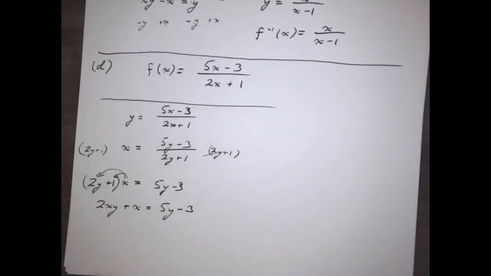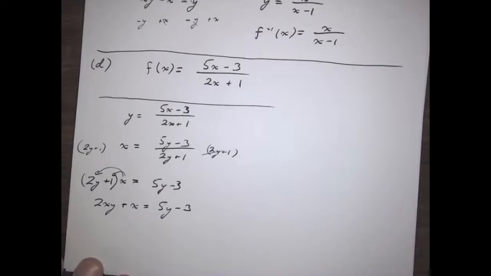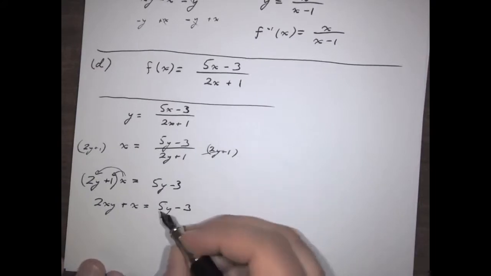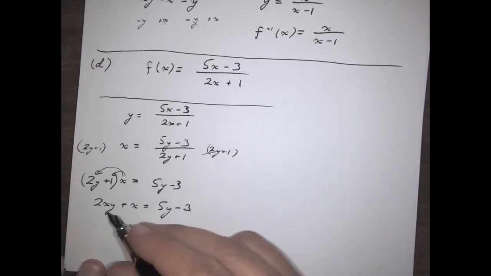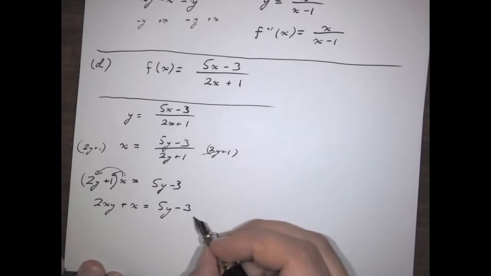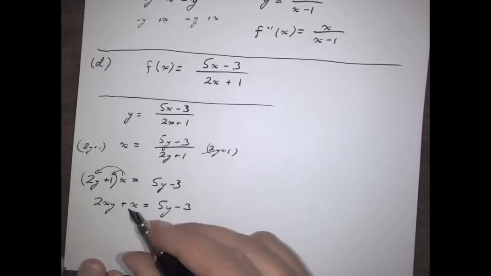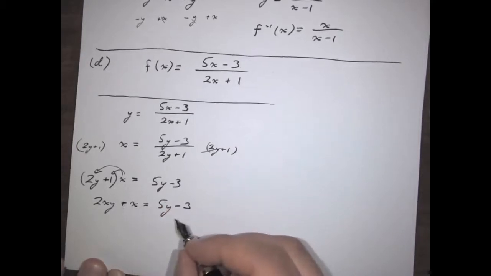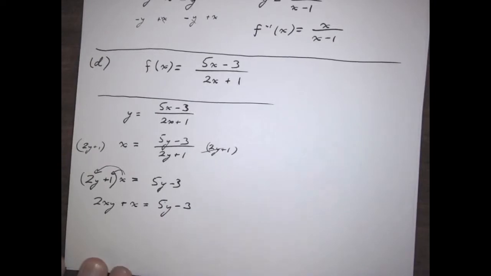And here, we're going to now have to move everything that has a y to one side, everything that doesn't have a y to the other. And when it comes to making decisions on this, my advice is look for whatever will make the most terms positive. So if I were to move all the y's to the left and all the x's to the right, then I'm going to be subtracting, and so I'm going to have a bunch of negative terms.